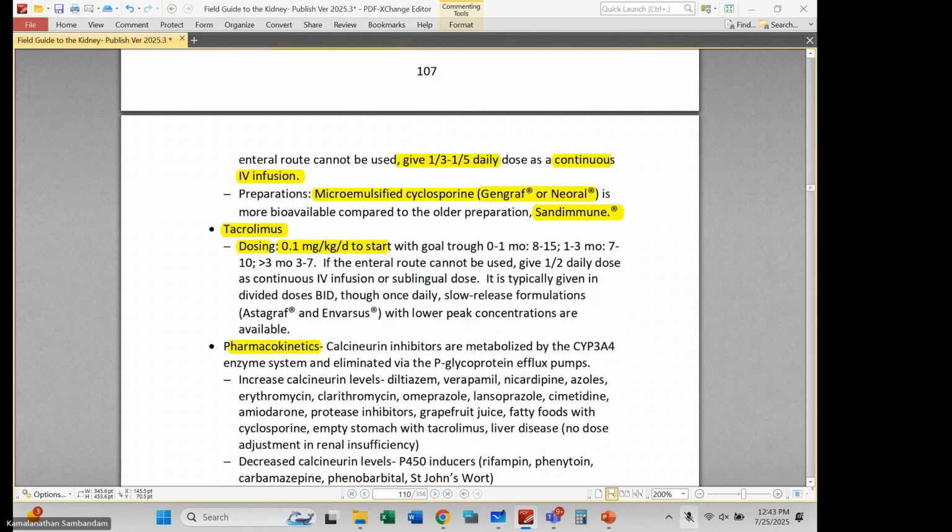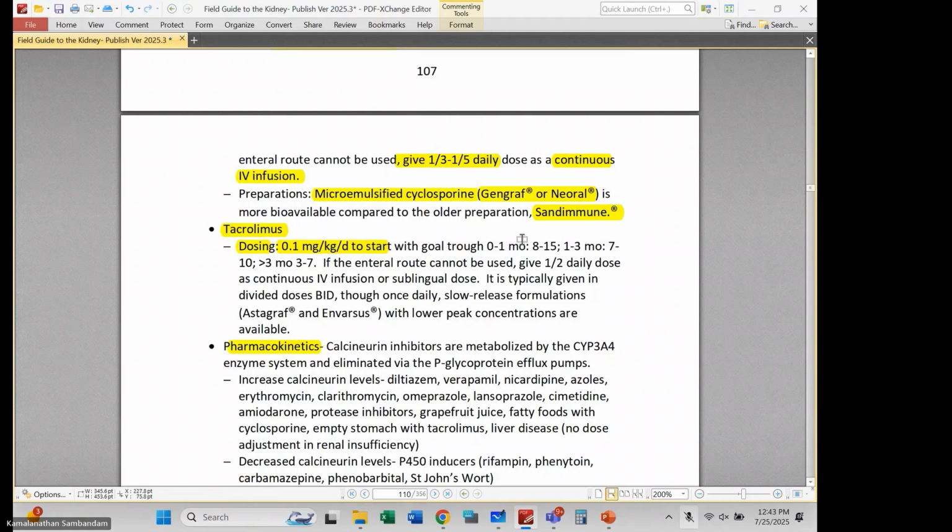I don't really base it on weight because there's so much variance in P450 enzyme activity. There are some patients who are literally on 0.5 milligram BID and get a level. There are others that are on 7 milligrams BID, and you really can't predict that based on the size of the patient. So I usually start at 2, and then I just titrate based on levels.